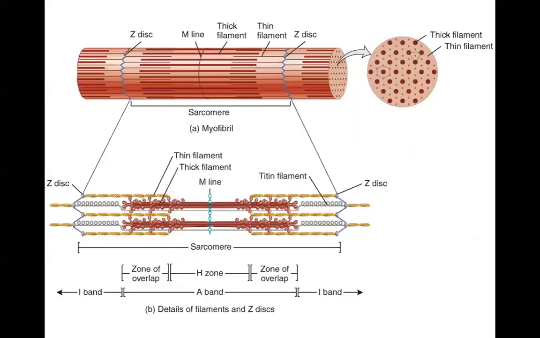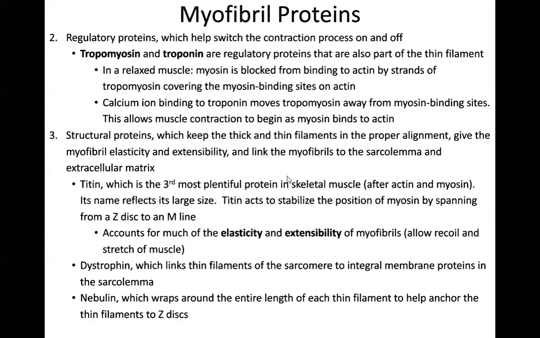If I go back to our illustration of the sarcomere, I did not talk about this thing that looks like a coil, what we call titin. Titin is the third most plentiful protein in our skeletal muscle, coming in after actin and myosin. It gets its name because it's super big, and it acts to stabilize the position of each myosin by spanning from Z discs to the M line.